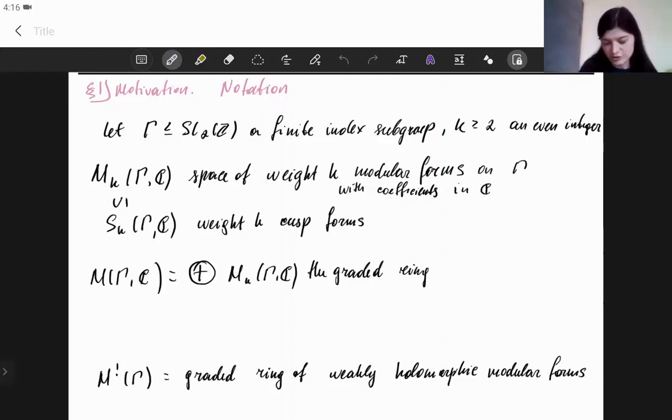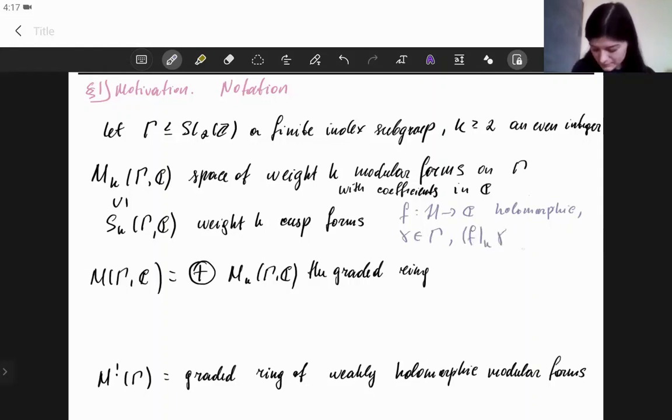So when we talk about a modular form, we mean a holomorphic modular form from the upper half plane into C. So it's holomorphic. And it satisfies a bunch of different properties, which you've probably seen about modular forms, but I want to talk a little bit about the slash K operator, in particular for little gamma in our subgroup gamma. The slash operator with K of f at z gives us the following expression.